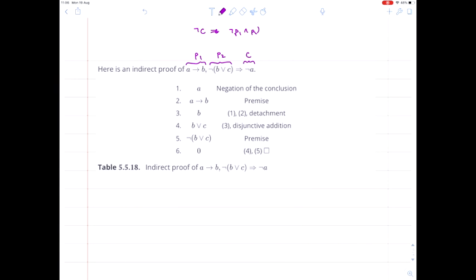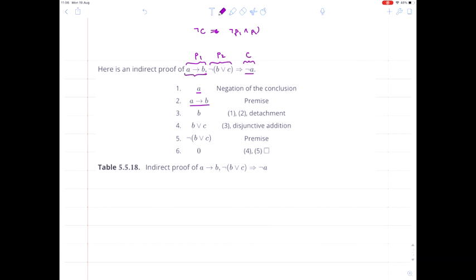Okay, so we're saying negation of our conclusion. Now our conclusion says not A. So if we negate that, we get not not A, which is A. Now we're using A implies B. So that's our P1.